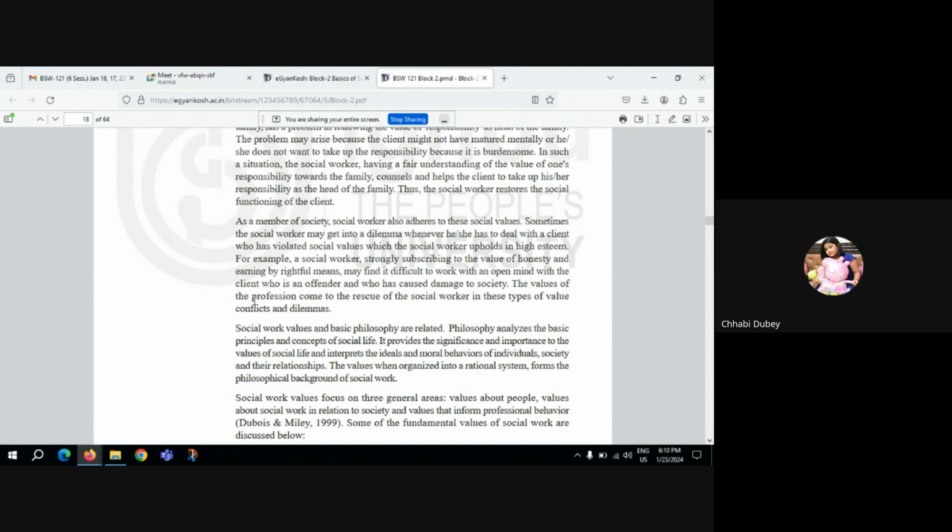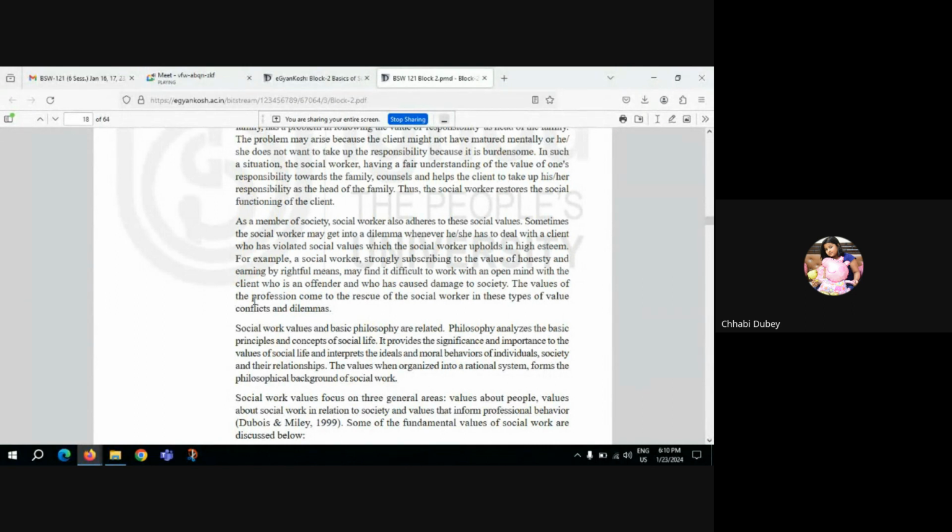For example, there may be a client who has committed some kind of crime. So how does a person come to an understanding where, despite what the client has done, the social worker is supposed to come to the rescue of the client?